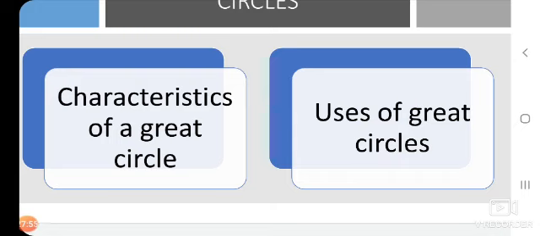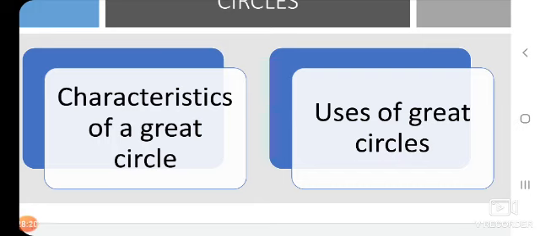So, children, what is the first important use of the great circle? It helps navigators find the shortest route between any two points on the Earth's surface, also known as a great circle route. These great circle routes are especially important for places that are on opposite sides of the globe.